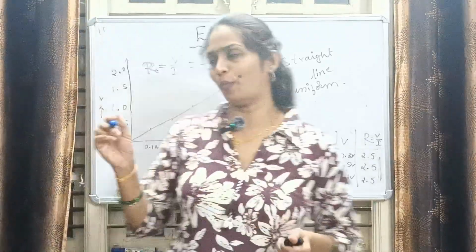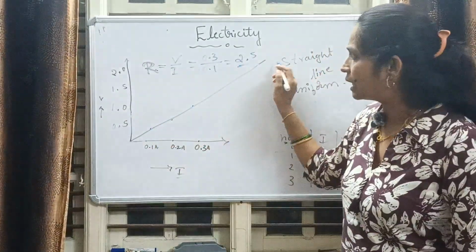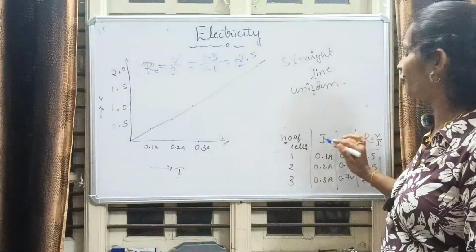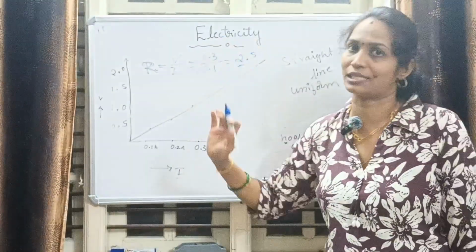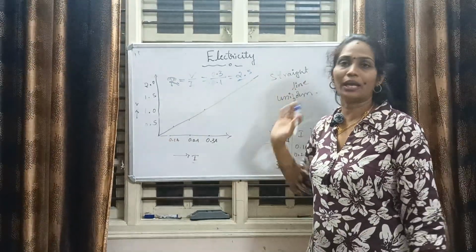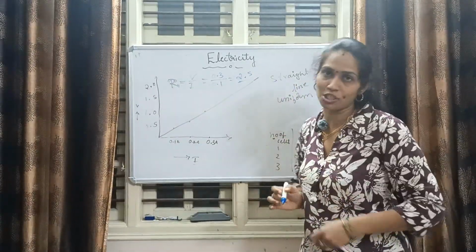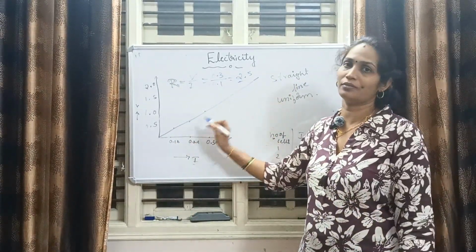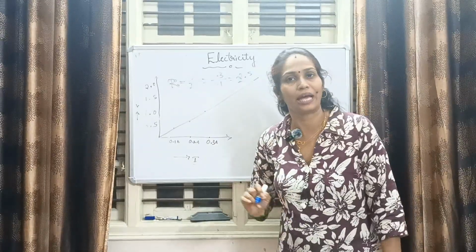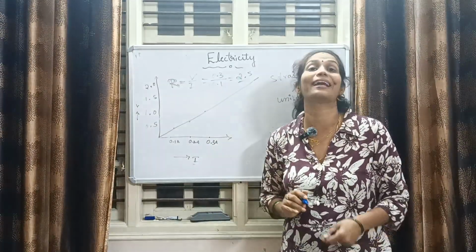This is very important. Whatever the graph we made using the information of V and I from case 1, case 2 and case 3, we came to one conclusion: the graph coming from the V and I recordings is a straight line.